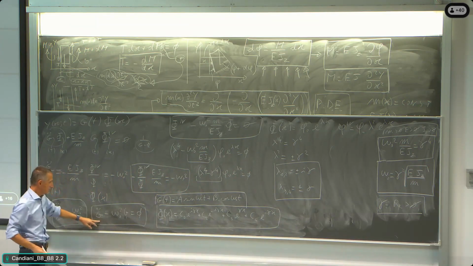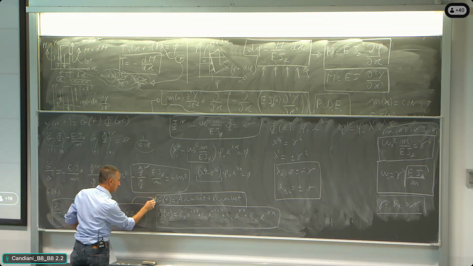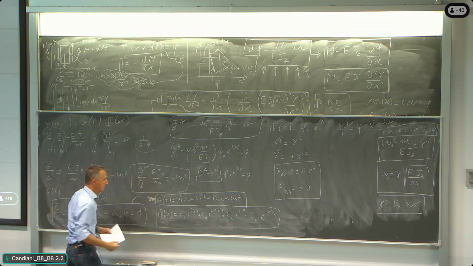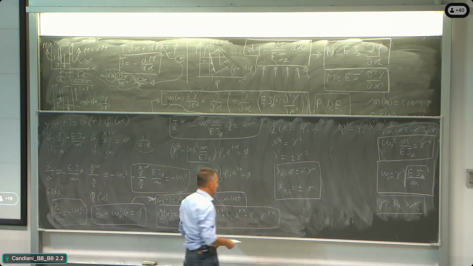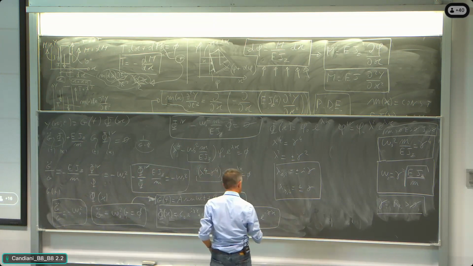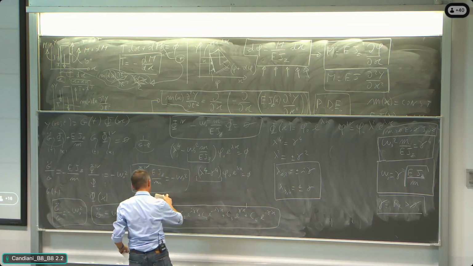So this equation gives, of course, the oscillatory solution, sine, cosine, omega 0 t, that could also be written as we use the space.